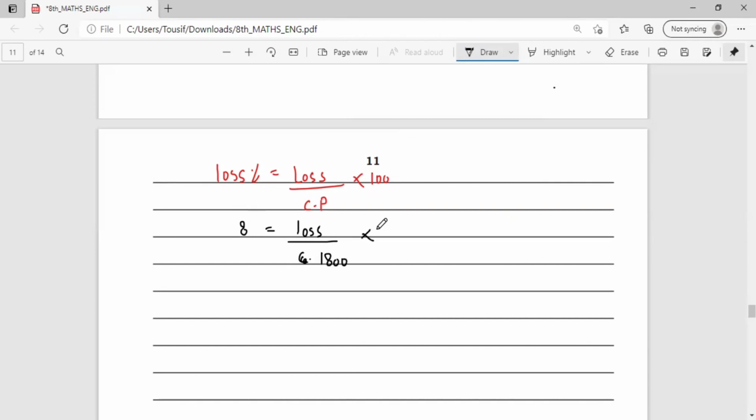And into 100. There's a bit of easy cancellation. We can perform it here. 2 zeros from the 100 and 2 zeros from the 1800 we can cancel, and finally we can cross multiply 8 into 18, and we'll get the loss as 144 rupees.